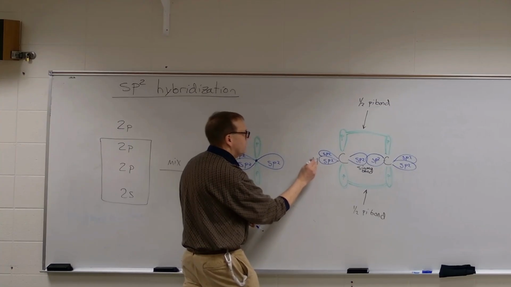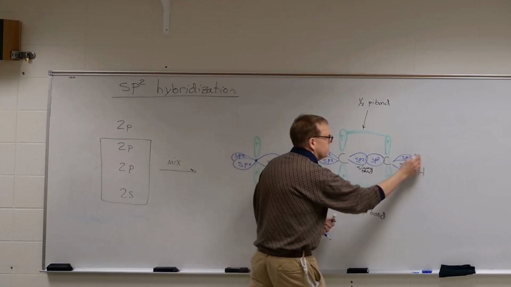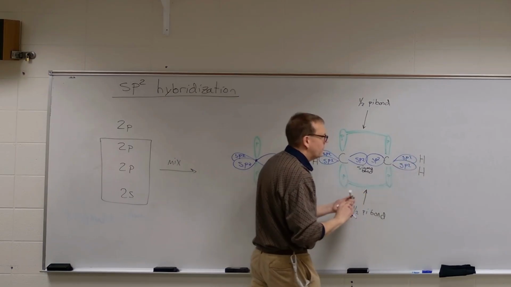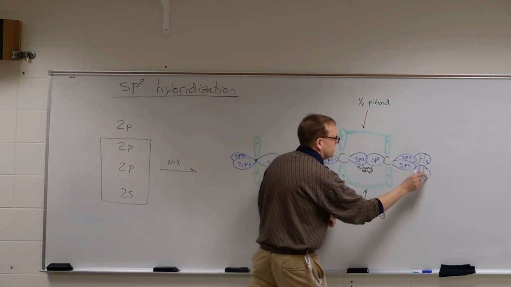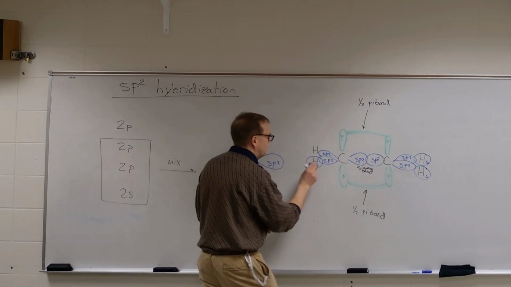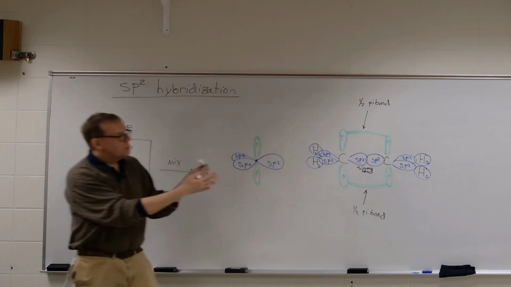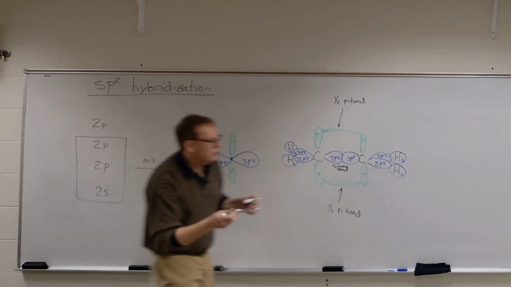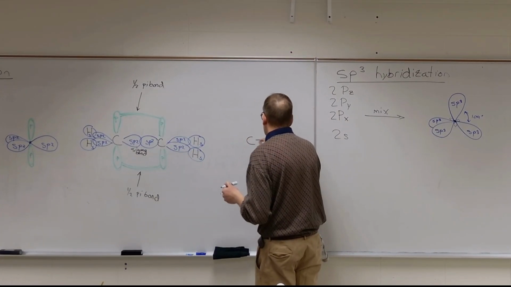And then I'll draw in hydrogens here as being attached to the ends of this molecule. And each of the hydrogens is bonding via its s orbital. So this is a molecular orbital picture that's trying to tell us what a carbon-carbon double bond really looks like.